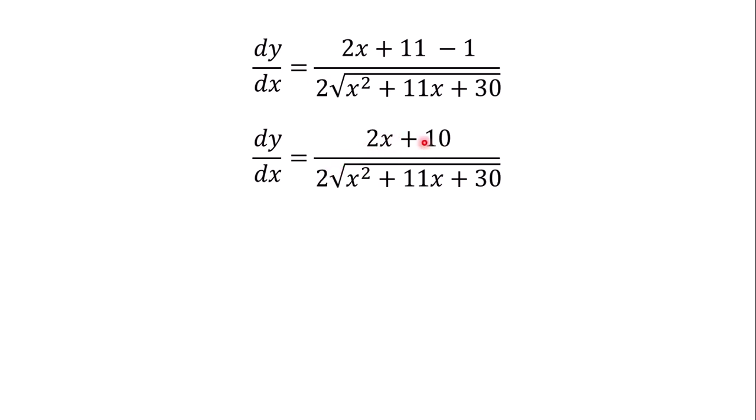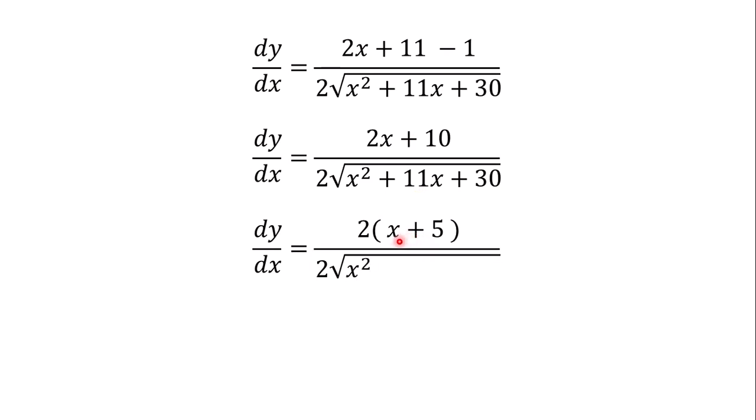So let's factorize this one. When you factorize this, you're going to get 2 into bracket x plus 5. So dy over dx is equal to 2 into bracket x plus 5 divided by this. Now here, this and this will cancel out.